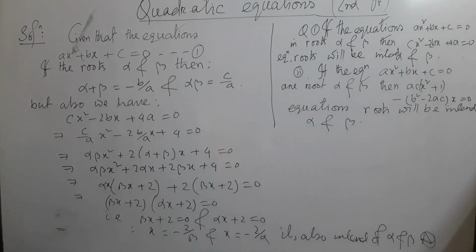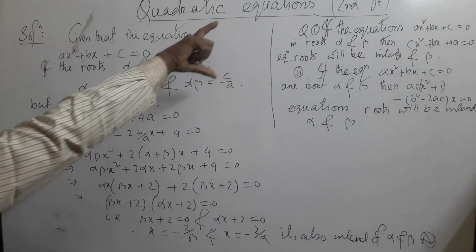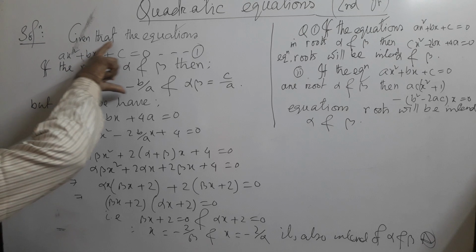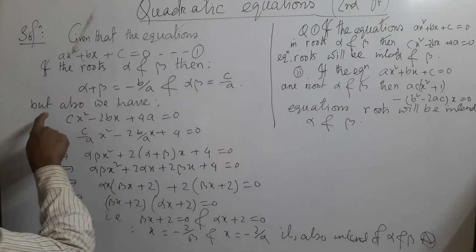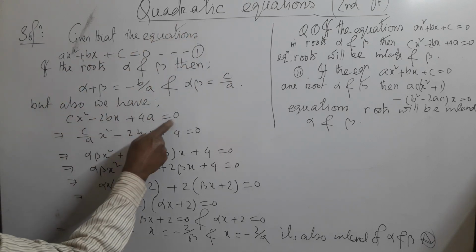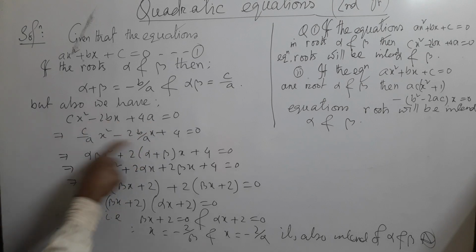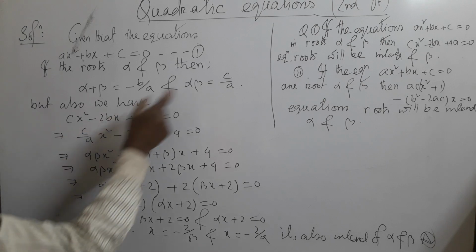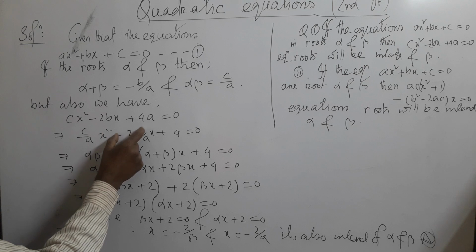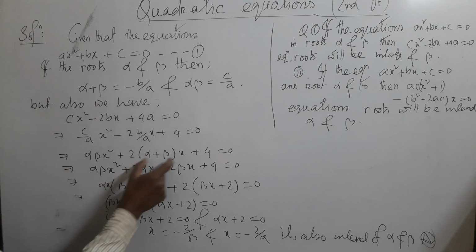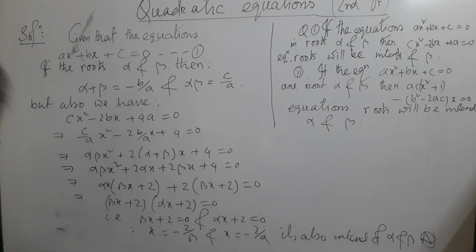We have to memorize this, then it becomes automatic. Here c by a means alpha beta, and minus b by a means alpha plus beta. It's a simple calculation, the easiest thing.